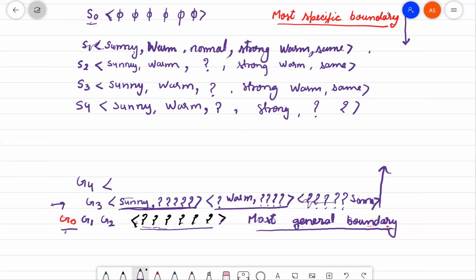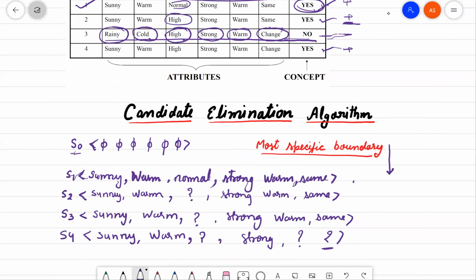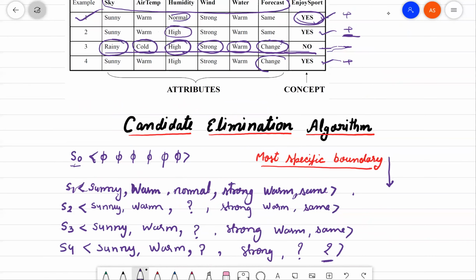In this case, the second attribute is warm and the remaining attributes can take any value, so this is also consistent. In the third hypothesis, we can take any attribute, and here we take same. But in the fourth hypothesis, this attribute is change.